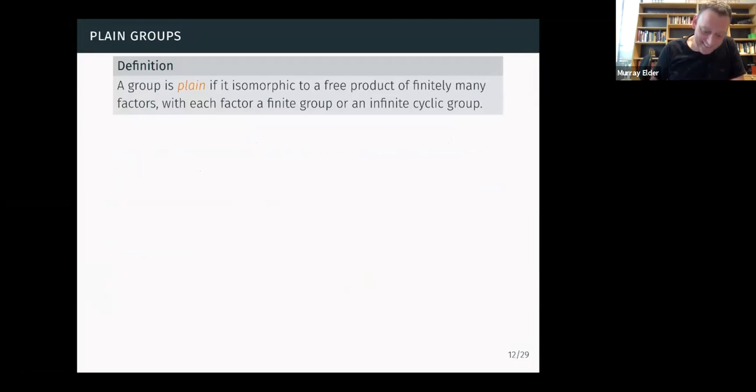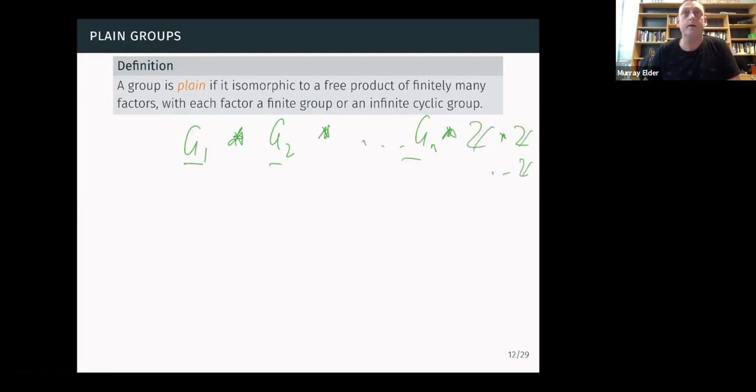So a group is called plane if it's isomorphic to the free product of finitely many factors, G1 free product G2 free product and so on up to Gn, where each factor is either a finite group or just Z. So that's a plane group. Okay, so if they're all Z's, you just have a free group.